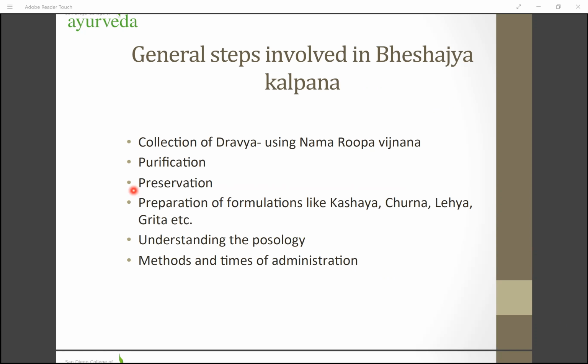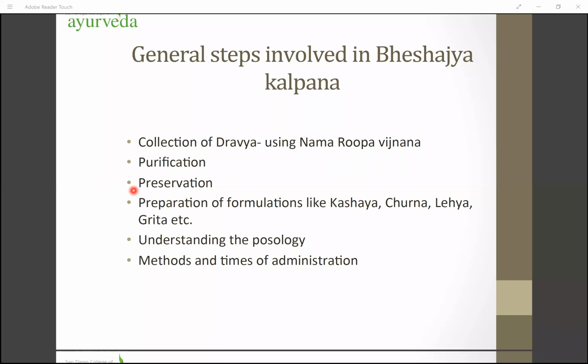Now, it's always easier to store dry dravyas. You can use those dried dravyas for different purposes. For instance, if you're making triphala churnam, and you've collected all the three phalas, amlaki, vibhitaki and haritaki, you need to dry them out really well and then store them.